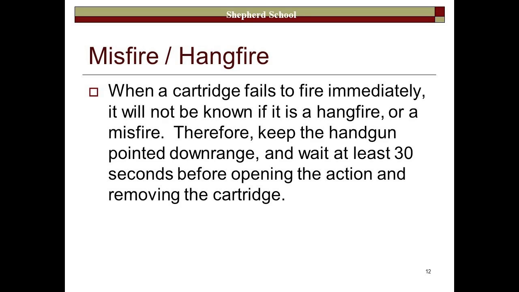That's a bad day. So for safety's sake, we're going to treat a misfire like it's a hang fire. We're going to keep the gun pointed downrange, take our finger off the trigger, and wait 30 seconds. If the gun doesn't go off, then it's not a hang fire. We can go ahead and eject that round and put a fresh round in.